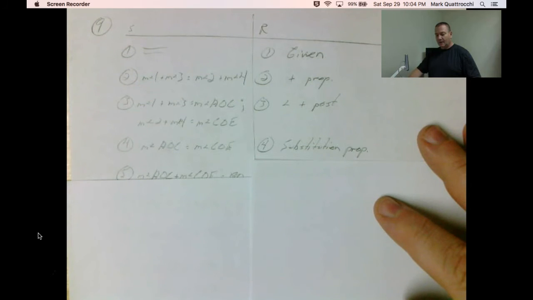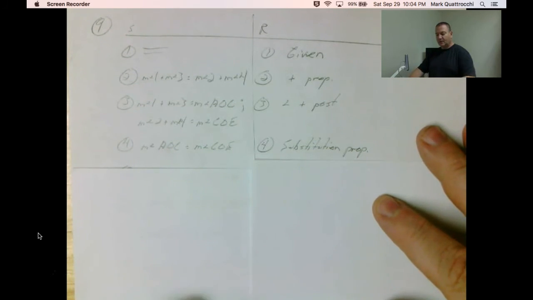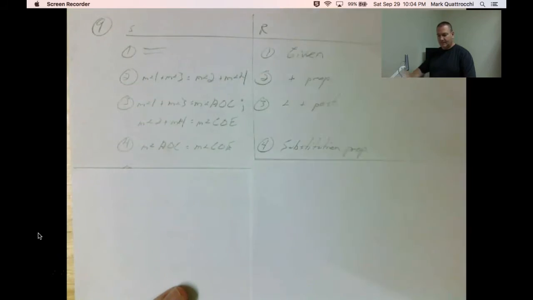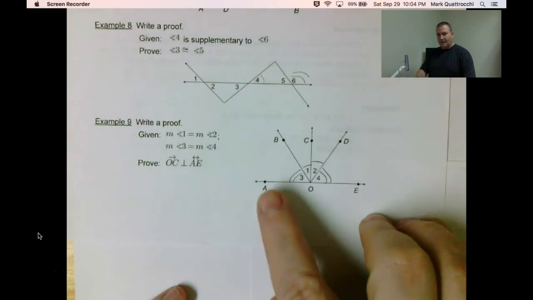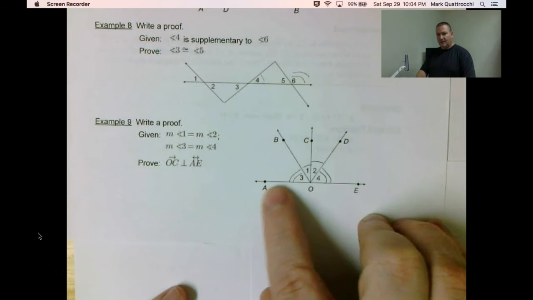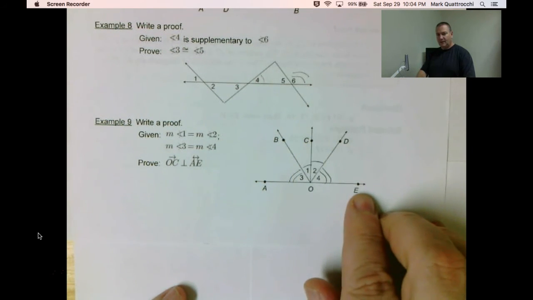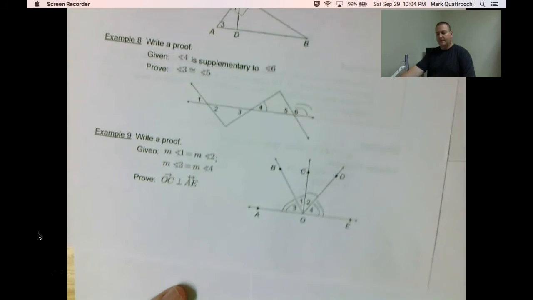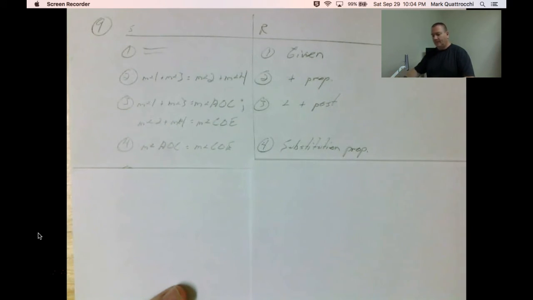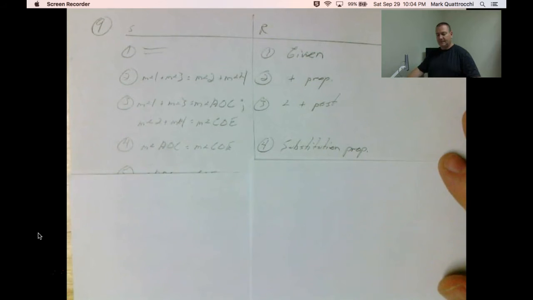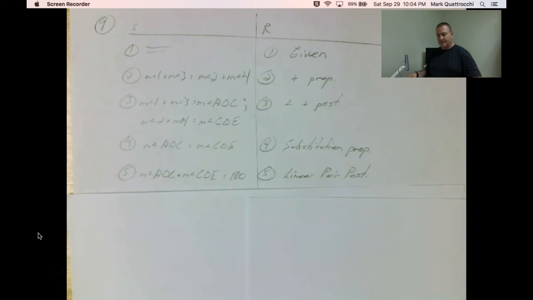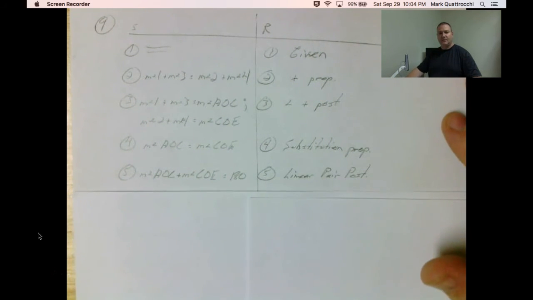Well, if I look at my original diagram, angle AOC and angle COE form a linear pair. By the linear pair postulate, they have to add up to 180 degrees.